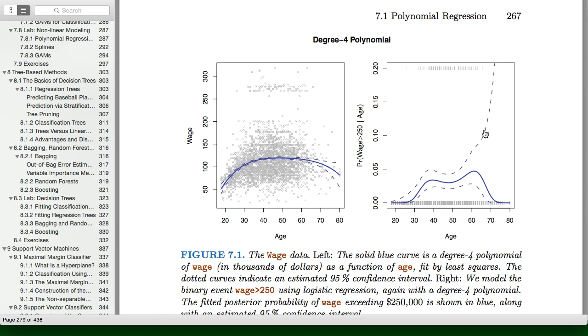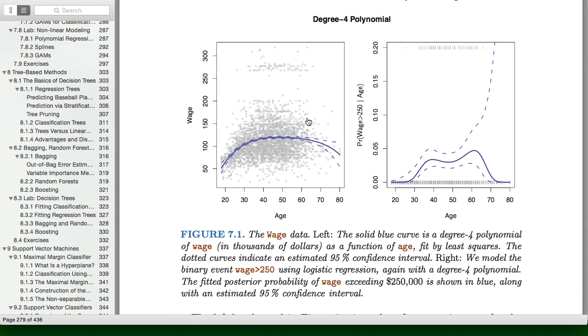And so we get this ridiculous 95% confidence interval here because there's just nothing. First of all, there's a tiny number of members of this 250 plus category, and there are also very few people in this. Where does it become ridiculous? About 70 to 80-year-old category is pretty sparsely populated.